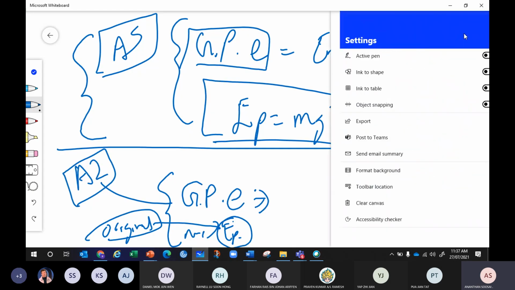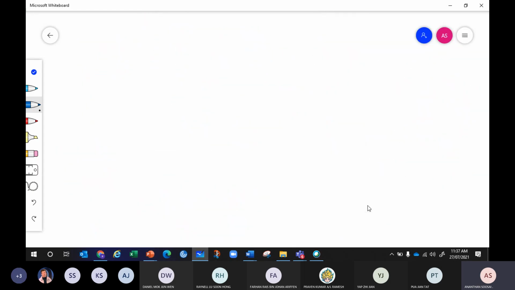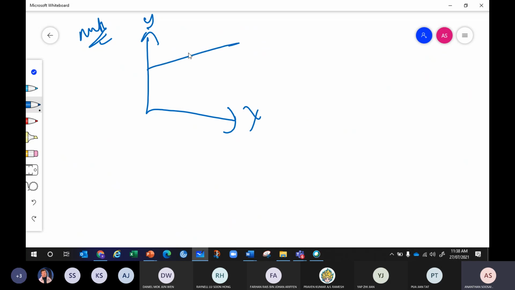Just your maths. If this is y, this is x, and this is the graph, you want to find the area under the graph from 0 to x1. How do you do it? Through integration, right?